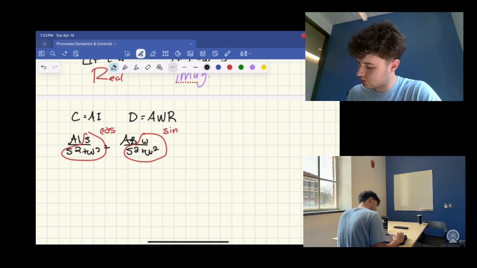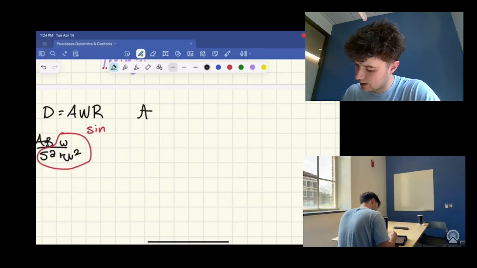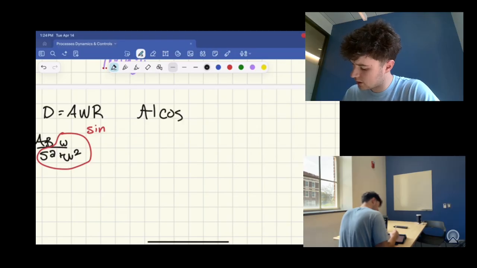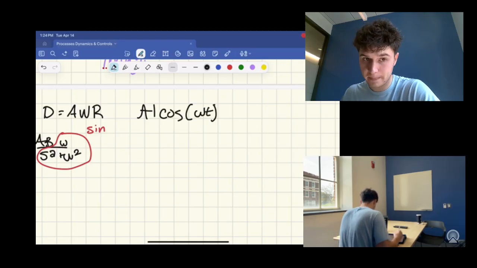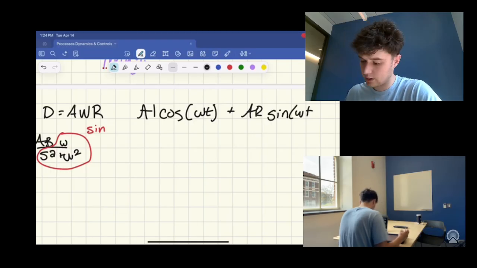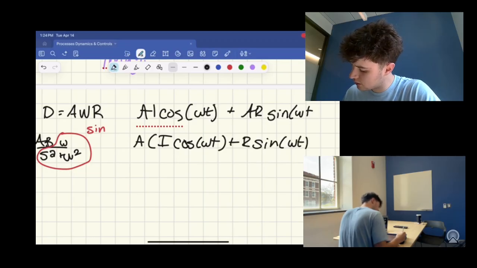So again, we're able to rewrite this and get AI cosine of ωt plus AR sine ωt. And then you can multiply A by all of this, so I cosine ωt plus R sine ωt.